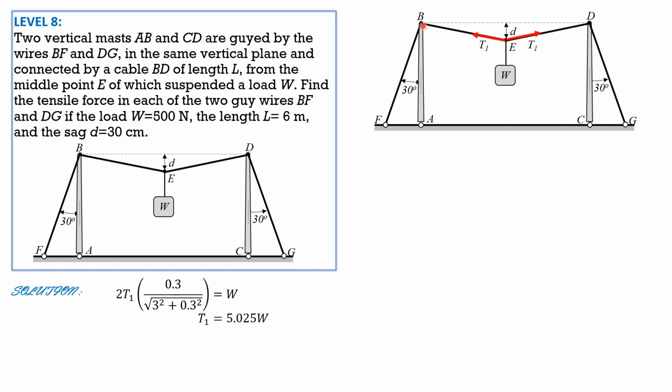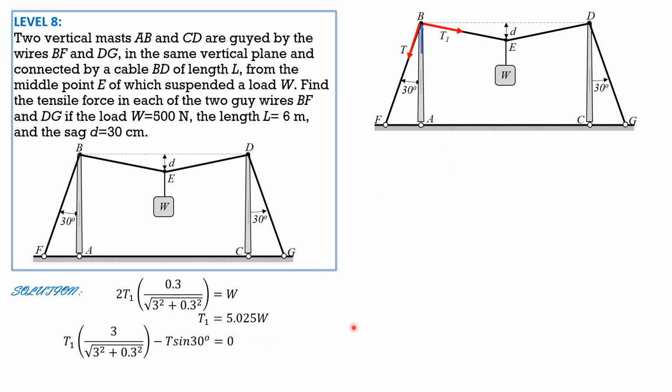Then we draw the free body diagram or isolate joint B. Draw the FBD. So this is T1, then vertical reaction, then this is the tension in BF, which is expected to be equal to the tension in DG also. We will call it T. Then summation of forces horizontal, T1 times 3 over square root of 3 square plus 0.3 square equals T sine of 30 degrees, or minus T sine 30 degrees equals 0.